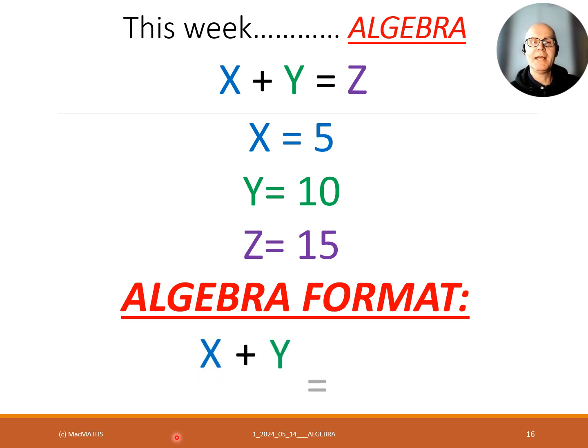Now let's substitute the values of these letters into our formula. 5 is X, plus Y is 10, equals Z, which is 15. 5 plus 10 equals 15. That's correct.